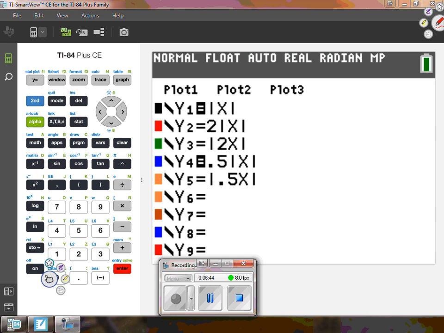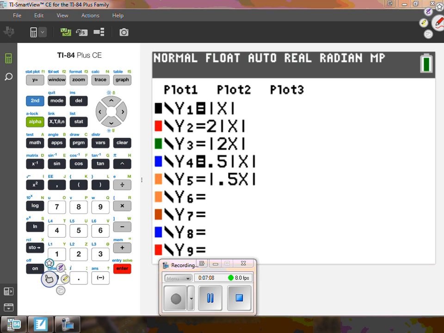Here we go. I'm back, and I've turned off y3. I'm turning on y4 by hitting enter on the equal sign. We're going to see what happens when we have a fraction less than 1, but greater than 0. So something like 0.5, 0.25, 0.1, outside the parent function. We are outside the bars, and we're multiplying by a fraction.